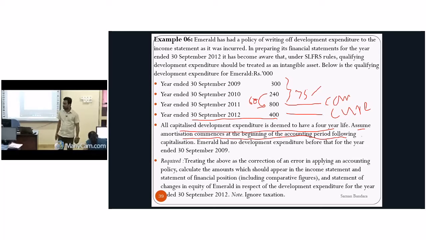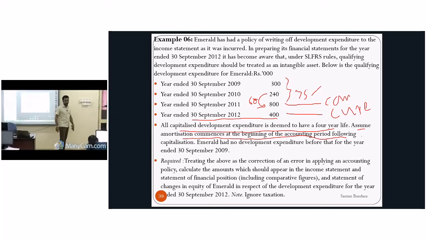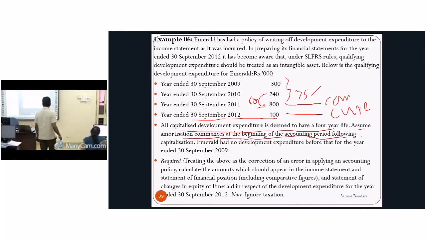That should be the first point you have to understand. If you need double entry, it is not essential in the exam even. How to write the double entry? Intangible asset debit, how much? You have to restate these figures. Intangible asset debit 540. Retained earnings credit, how much? 465.